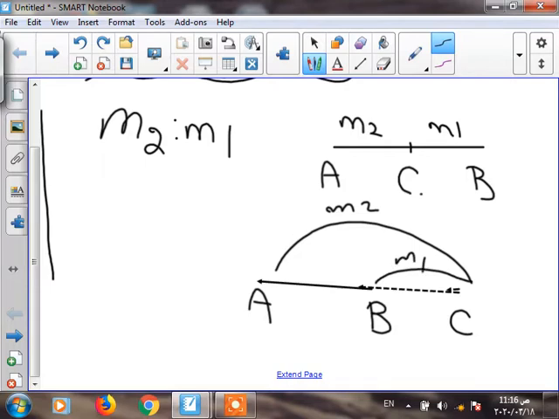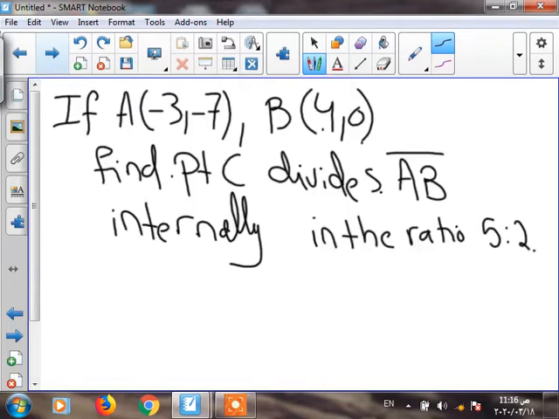And when we say C divides AB, we first take CA and then take CB. This will be M2 and this will be M1. This is the meaning of division of a line segment.